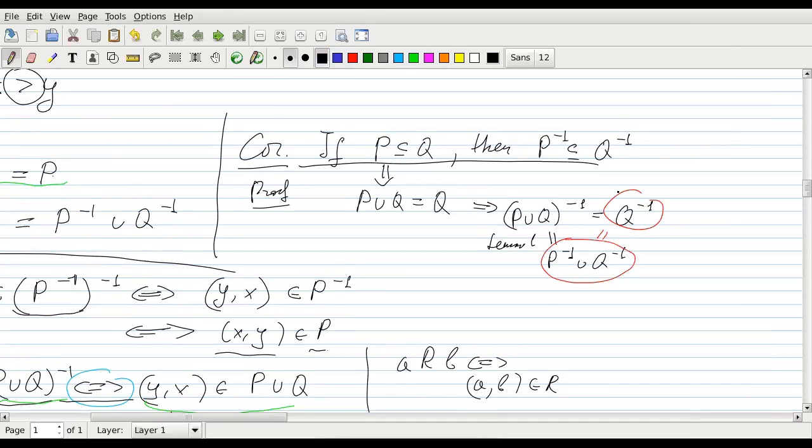That means that P conversed is a subset of Q conversed. Is it clear? As the union equals Q conversed. We know that always alpha is a subset of beta if and only if the union equals beta. Do you agree? Yeah. Okay.